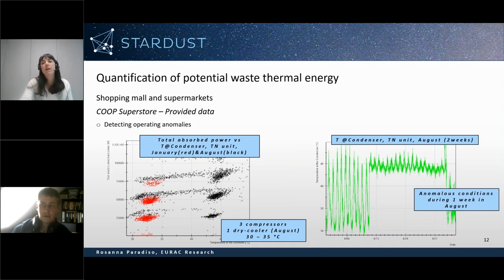We don't know this, because the only data we got were the temperature and the electricity data, but we detected these anomalies.